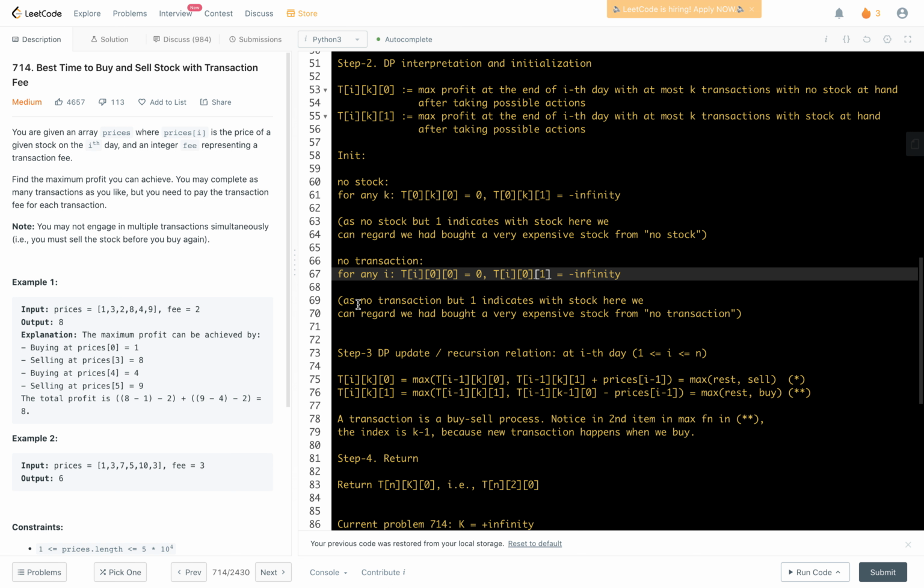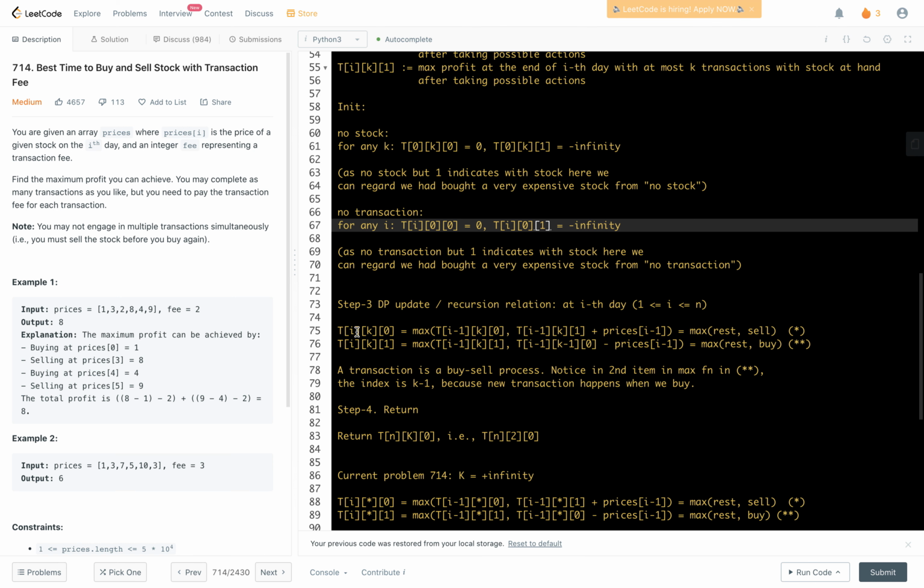The reason is that we have no transaction, so we expect no stock, but we have stock at hand. So we can understand it like this: 0 means there is no transaction, but 1 indicates with stock at hand. So here we can regard that we had bought a very expensive stock from nothing. So here nothing means no transaction. So this finished step 2.